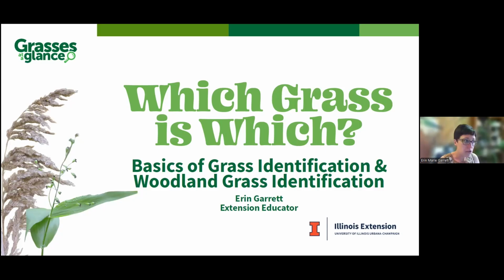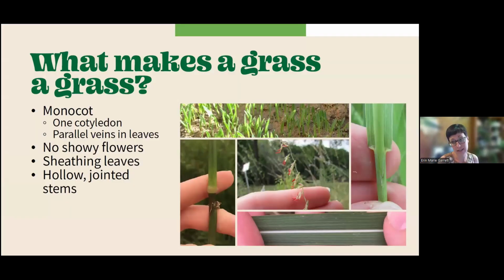Okay, so we're going to get started today with just talking about the basics of what makes a grass, because oftentimes even that is a difficult thing to tell sometimes. So there's kind of 5 characteristics that we can use that are simple to see. The first thing about grasses is that they fit into a category of plants called monocotyledons.